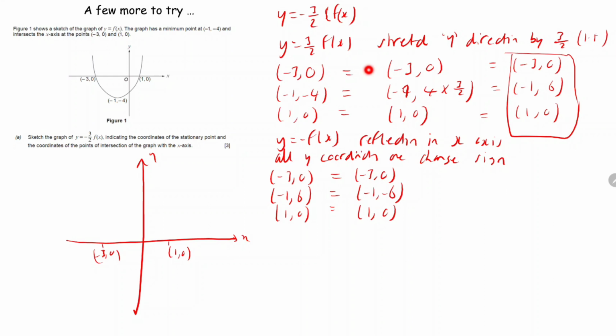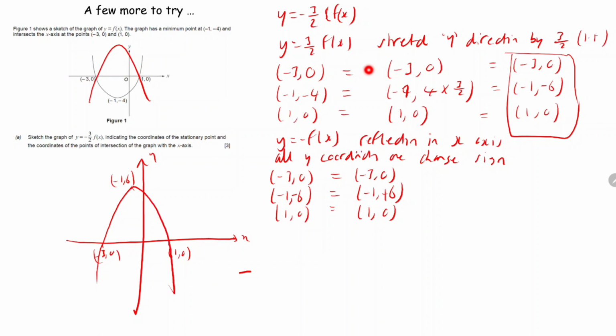I'm making lots of mistakes in this video. I do apologize. -4 times by 3 over 2 is -6. So that should be -6. So this should change to +6. It has to happen that way because the graph has to obviously flip upside down. So it should be a -1, 6, which is up here. So the graph does something like this.